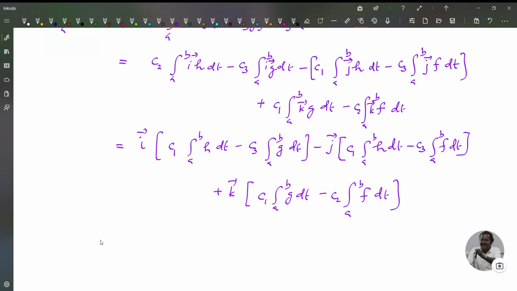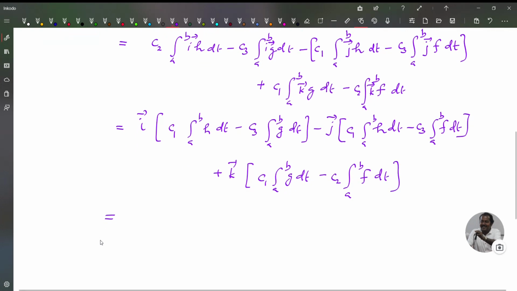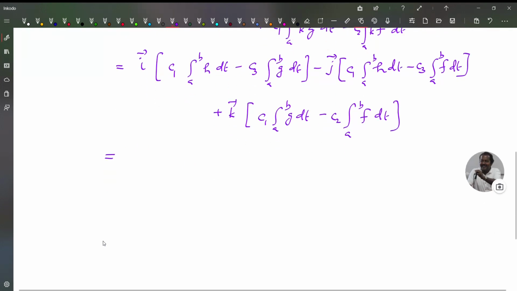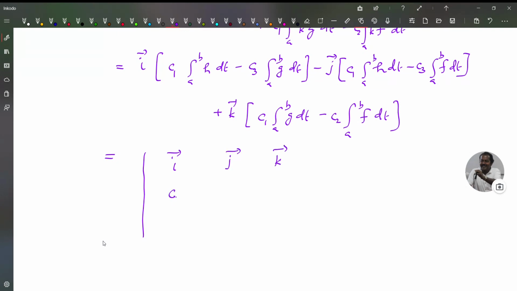So this is equal to the determinant of i j k, c1 c2 c3, integral a to b f dt, integral a to b g dt, integral a to b h dt.